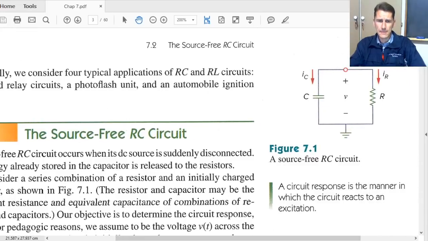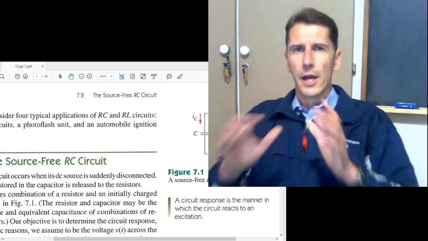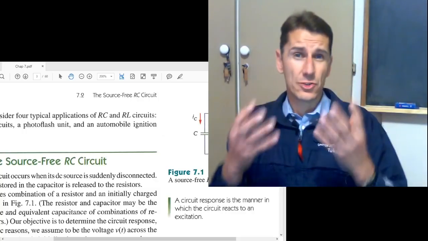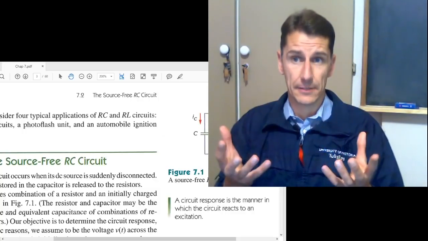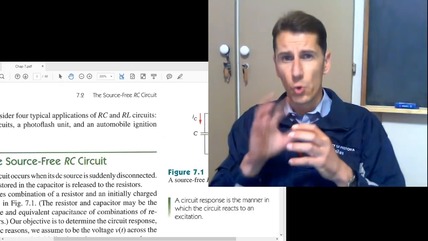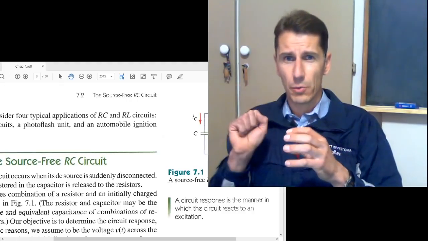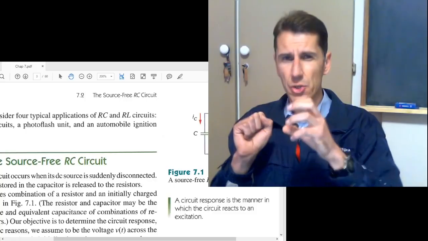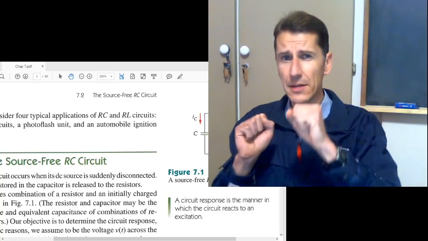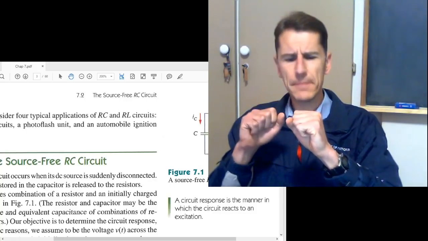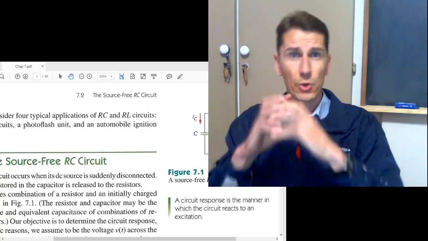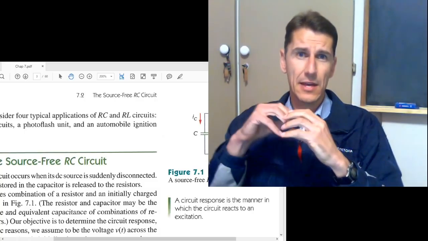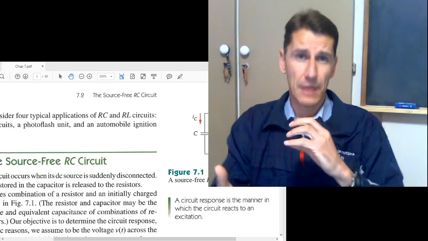So what's happening here? Initially, something has to charge that capacitor. That source is then disconnected from the circuit, and the energy remains in the capacitor. And that energy that's stored in the capacitor is then dissipated into that resistor.